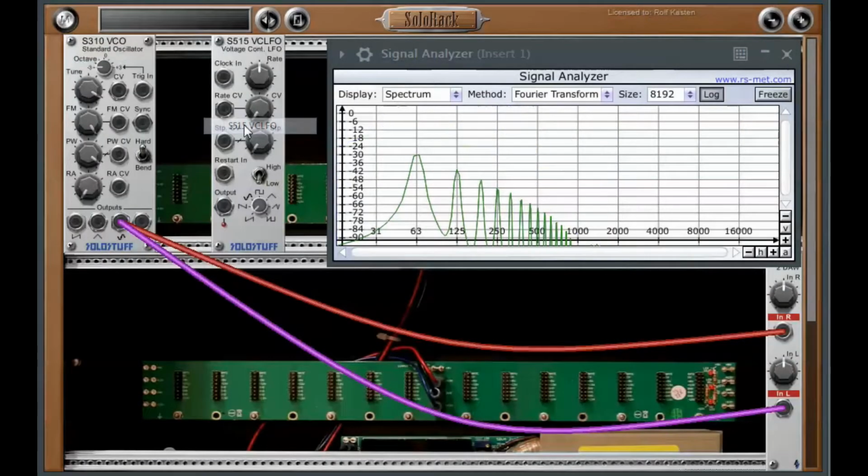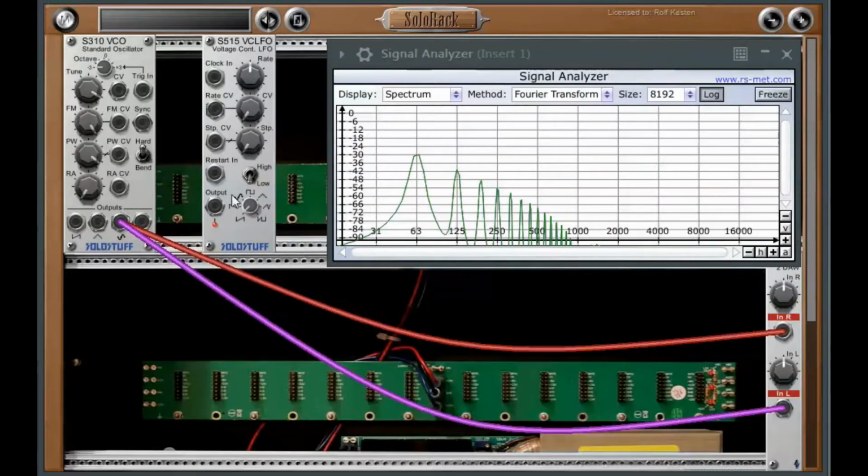I return to the LFO and feed its output in the CV jack. And whereas the absolute level of the LFO's signal didn't matter with the trigger input, it, of course, matters with the CV input.